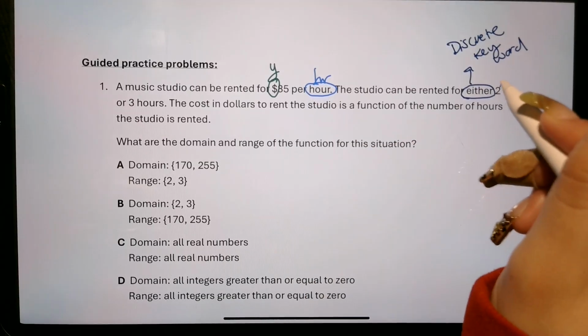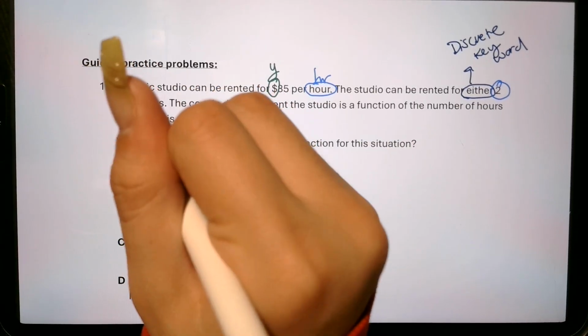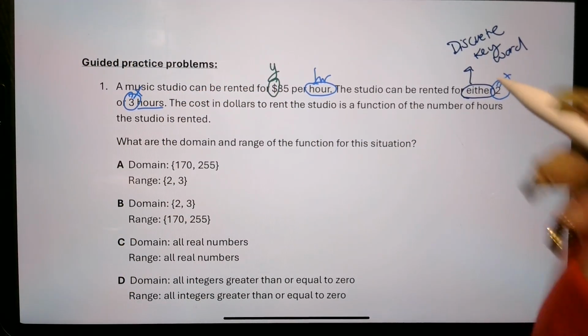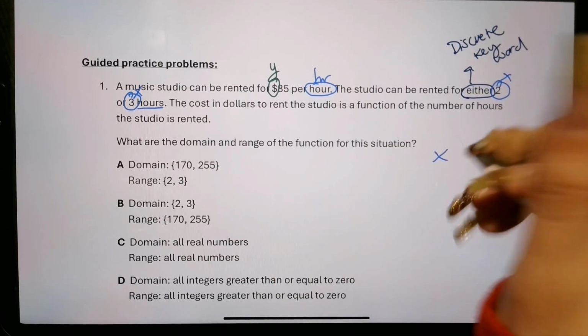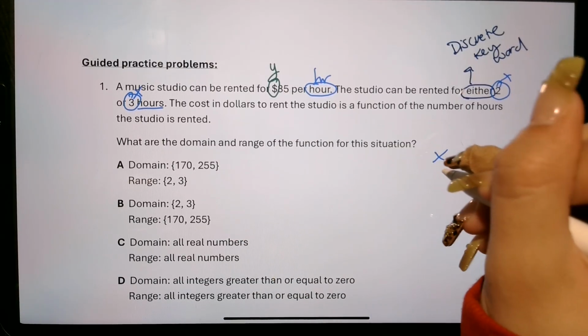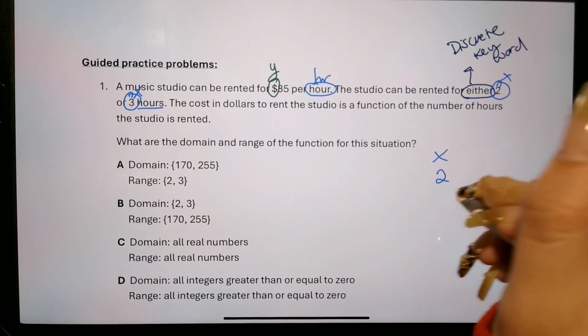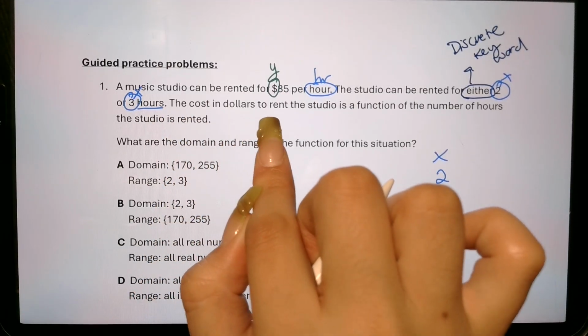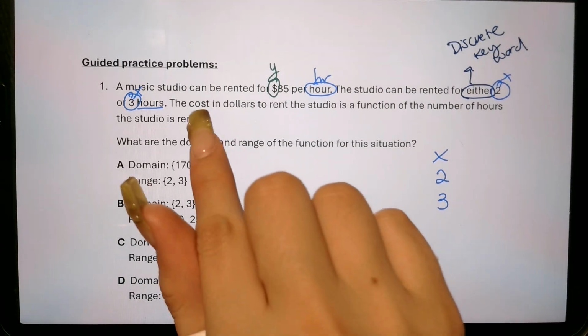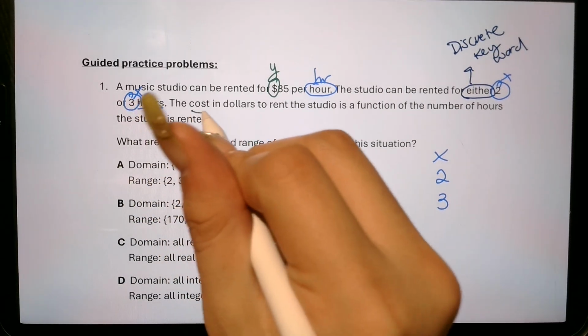And it's saying hours. So these are x values, right? Because we said hours are x values. So I'm going to just go ahead and start my table. X, 2, and 3. The cost in dollars. So cost in dollars, that's your y.